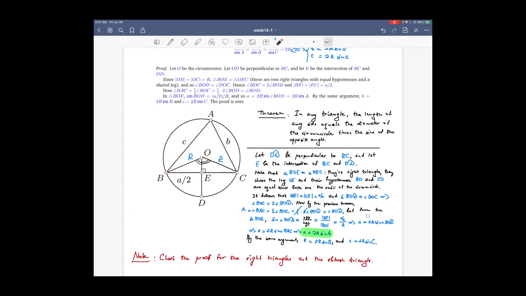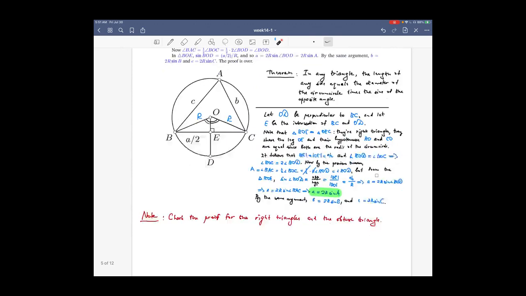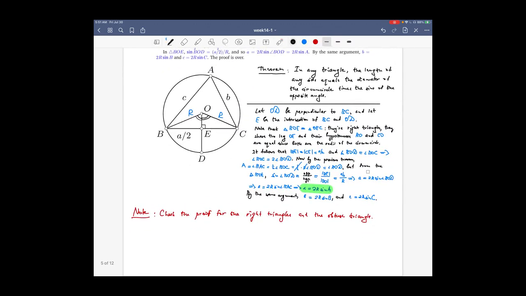I encourage you to check this proof, which should work in the other two situations, when the triangle ABC is a right triangle.